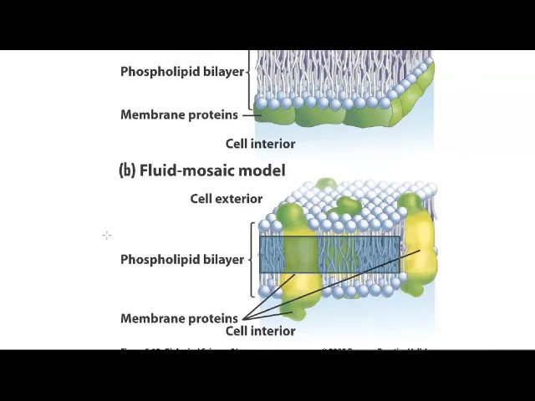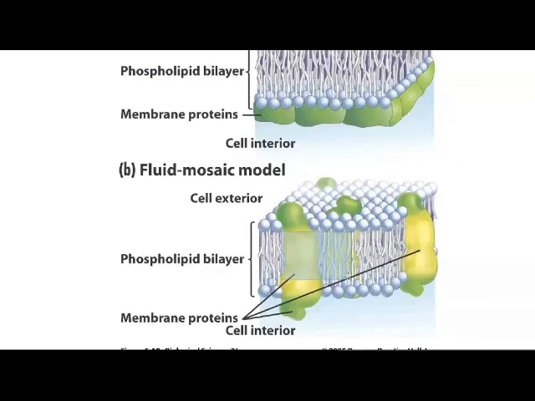And we can tell that there are proteins involved in the structure of the membrane, but they are not as a coat, as an outer coat layer. Instead, proteins are embedded within the structure of the phospholipid bilayer. Okay?